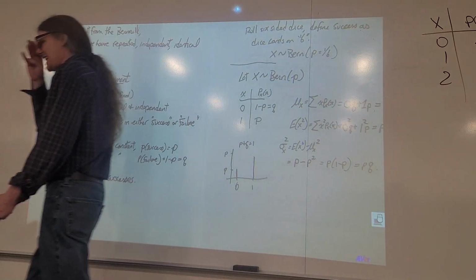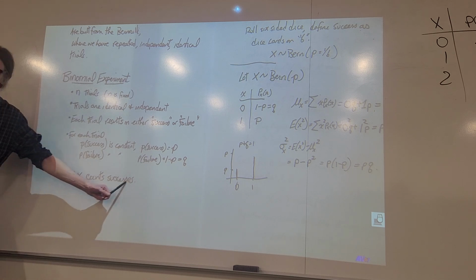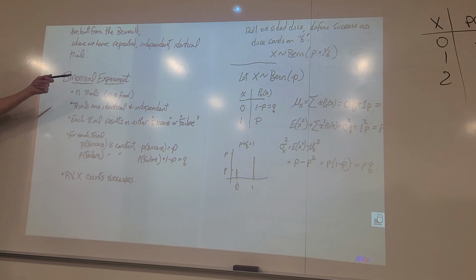Randomly select 100 people. What's the probability that 82 of them are right-handed? That's a binomial. Yes? So in this case, would X be considered the number of branches in those scenarios? It would be the number of successes along the branches. Don't forget that random variable X counts successes. That's what makes it a binomial.